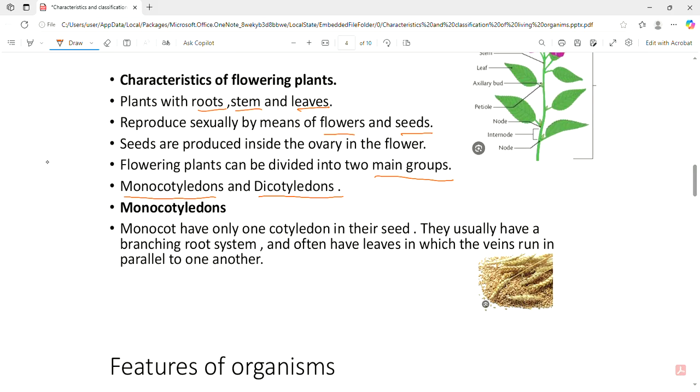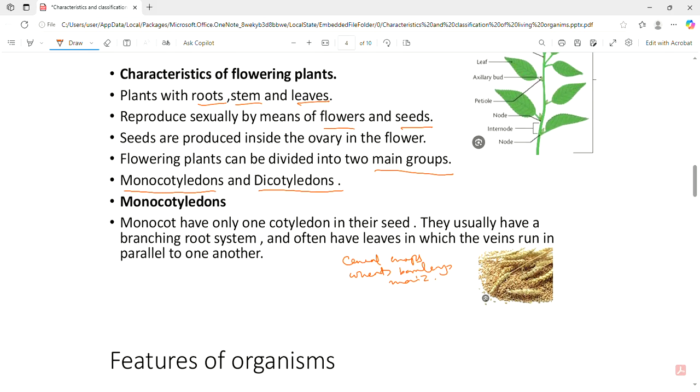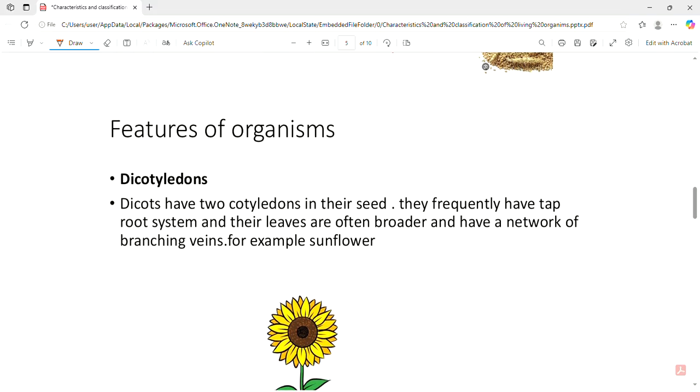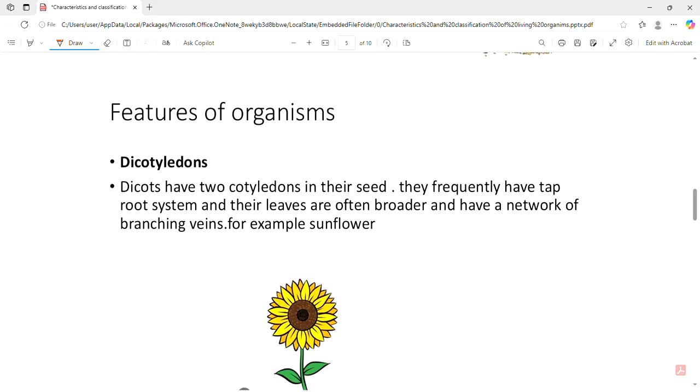These are cereal crops including wheat, barley, maize. Dicotyledons. Dicots have two cotyledons in their seeds. Their seeds are somewhat like that.